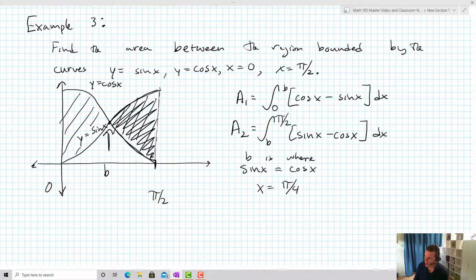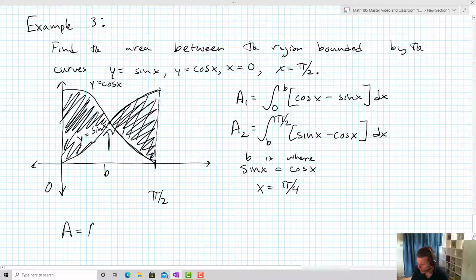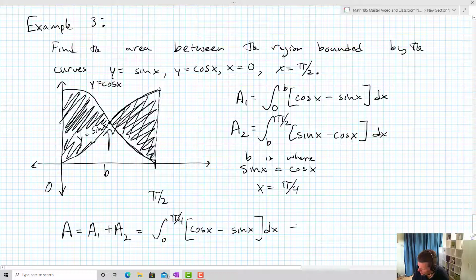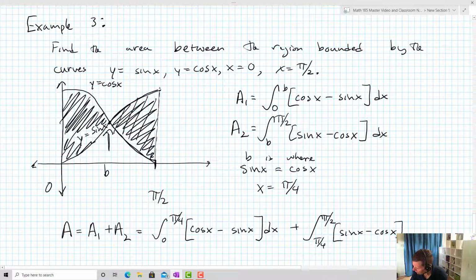All right, cool. So what we're going to do is treat them as two separate areas, okay? So our overall area, big A, is going to equal A sub 1 plus A sub 2, which is going to equal the integral from 0 to pi over 4 of cosine x minus sine x dx plus the integral from pi over 4 to pi over 2 of sine x minus cosine x dx.